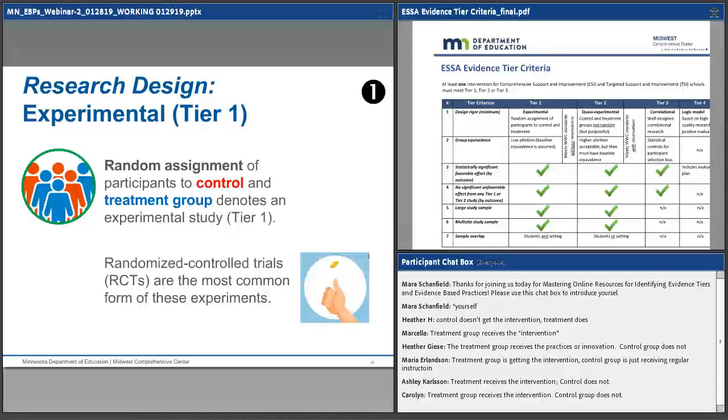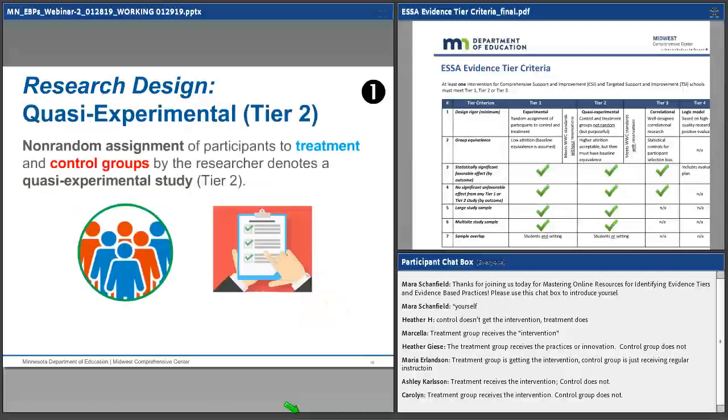And the basic type of research that has this approach is going to be called randomized controlled trials. So whenever you see the phrase randomized controlled trials or RCT in the language of a study, then you know that you are very likely looking at a study that meets that tier 1 criteria for criteria number 1. Again, we're just talking about criteria number 1 here, which is denoted by the circled numeral in the top corner of the slide.